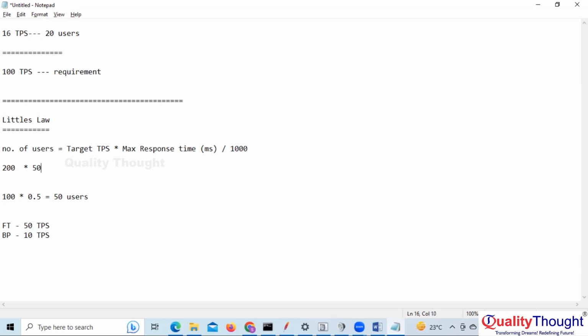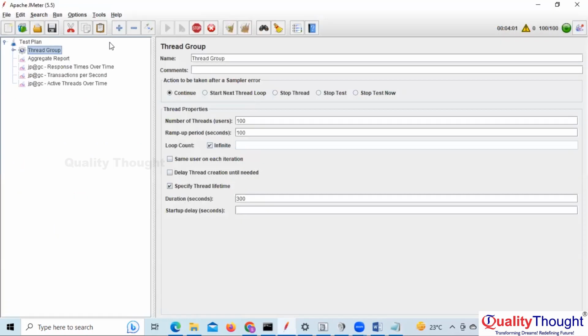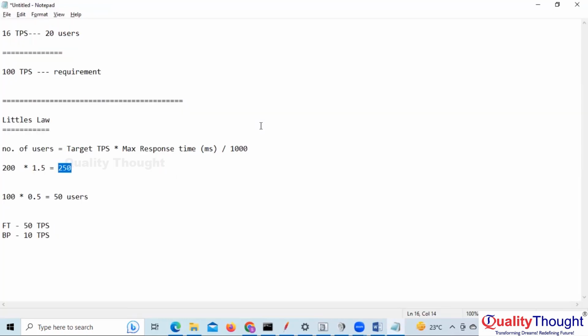So what is the count here? 1000 plus 500, 1500, divided by 1000, which is 1.5, and 1.5 into 200, which is 300. So you have to run with 300 users in order to achieve your target.